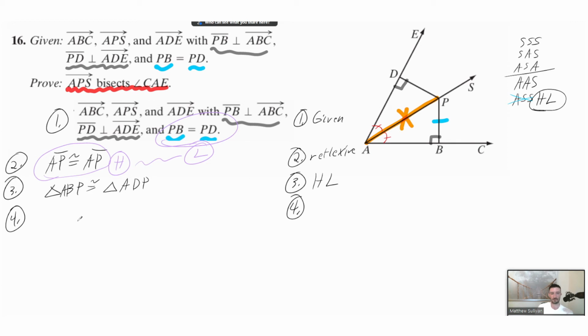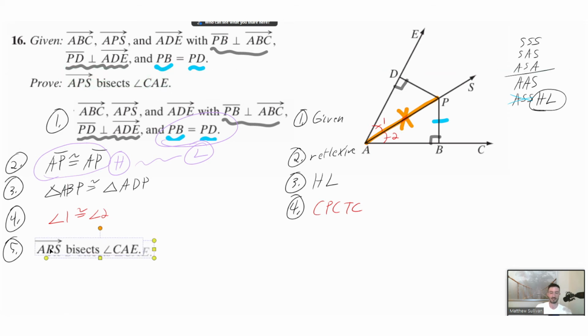Oh, wait, does that count as CPCTC or no? You would be able to use CPCTC to say that angle 1 and angle 2 are congruent. Does he allow you to do that, by the way? Just mark up? Yeah. Okay. So we could say that those angles are congruent. And then what would that mean? No idea.